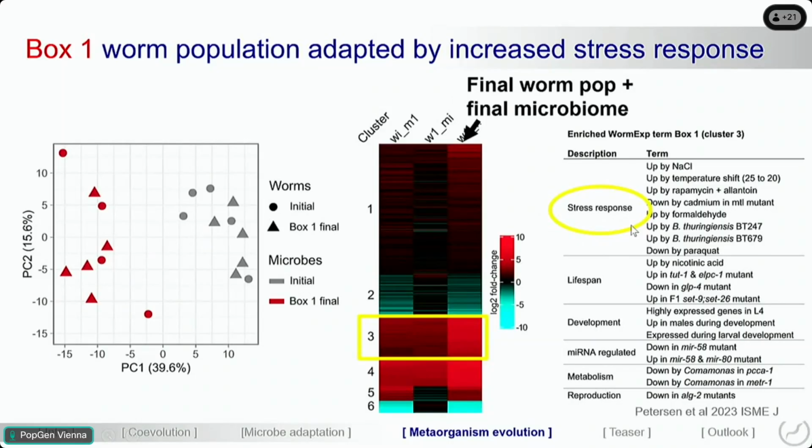So our interpretation at the moment is that a change in stress response mediated the adaptation to this novel environment in interaction with the changing microbial community. And again, the complete analysis is, of course, much more complex, as we then illustrated in the paper.